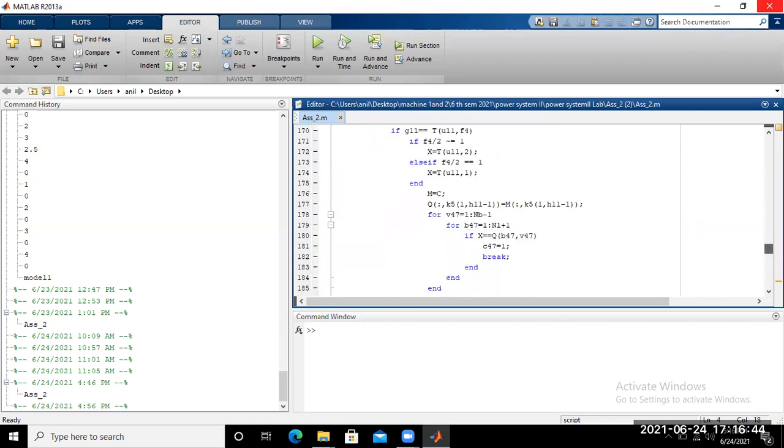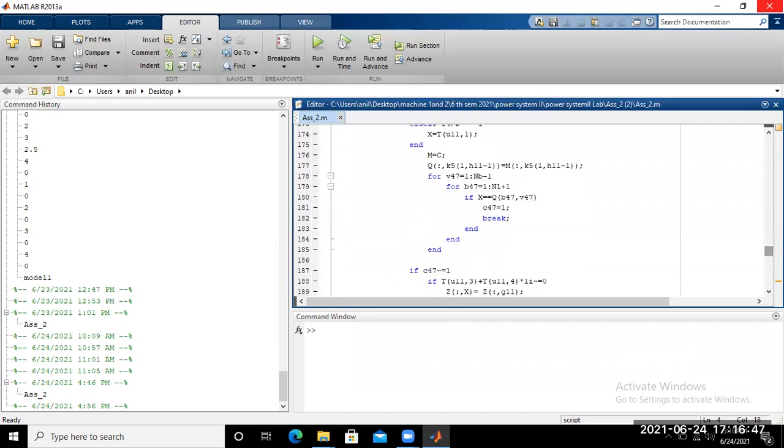So m equal to c, so here we find the value of q, that means semicolon of k5 1 h11 minus 1 equal to m semicolon of k5 into 1 comma h11 minus 1 for v47 equal to 1 minus 1, so semicolon of number of buses minus 1 for b47 equal to 1 semicolon of number of line plus 1.